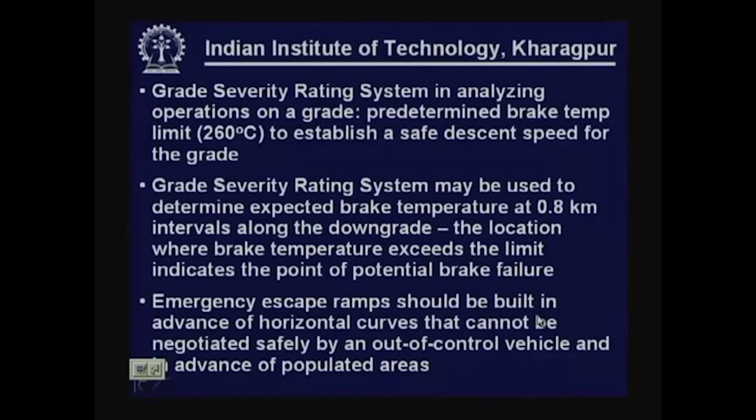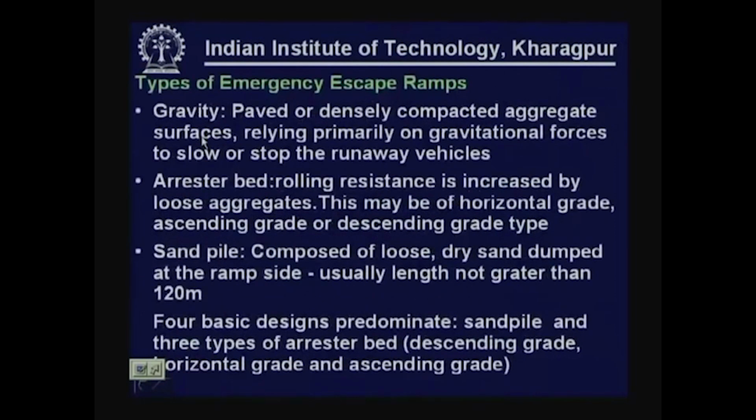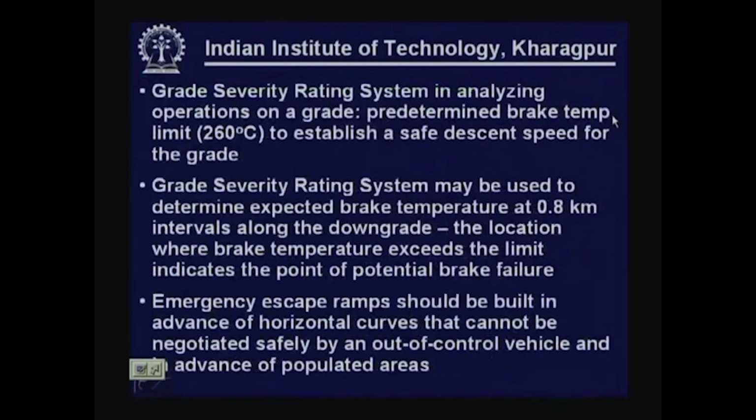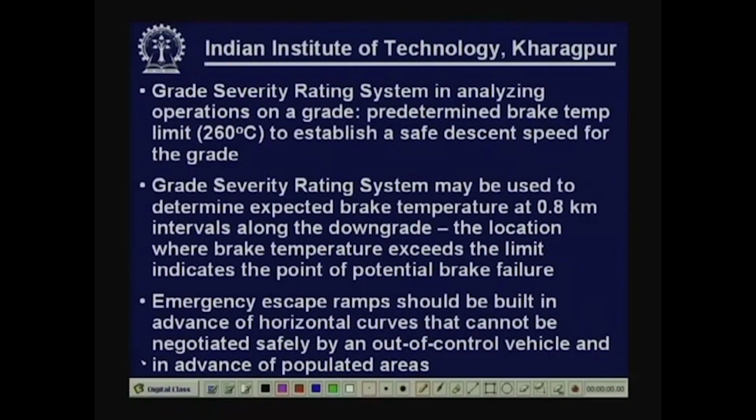Now, these days the grade severity rating system is also used to analyze operations on a grade, where a predetermined brake temperature limit, say 260 degrees centigrade, is used to establish a safe descent speed for the grade.